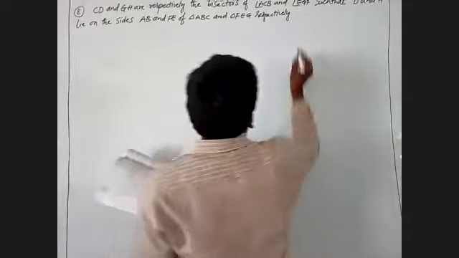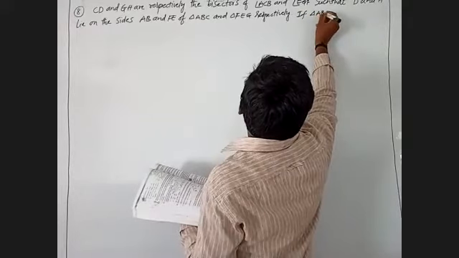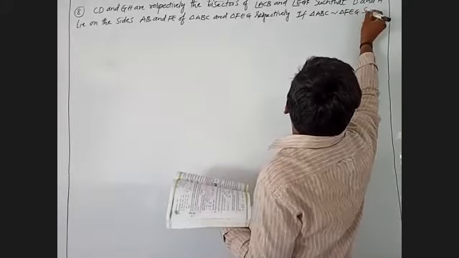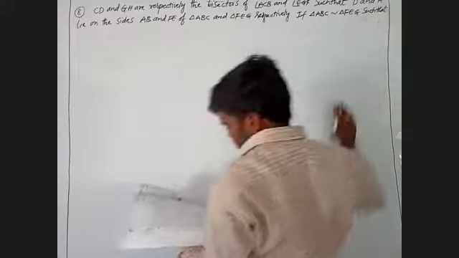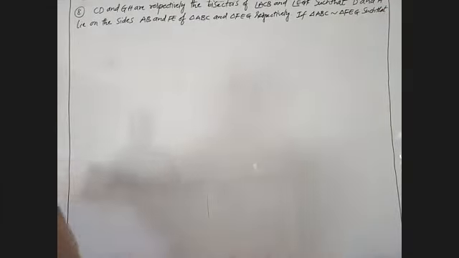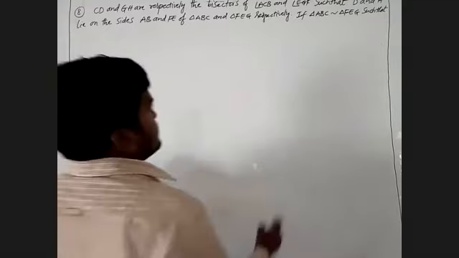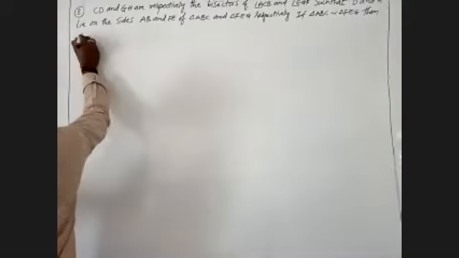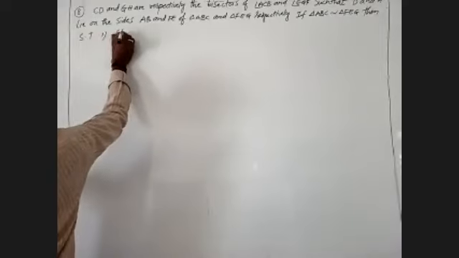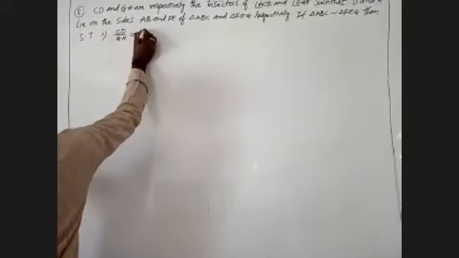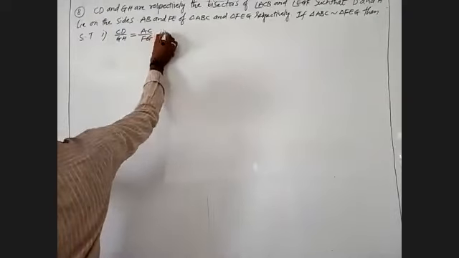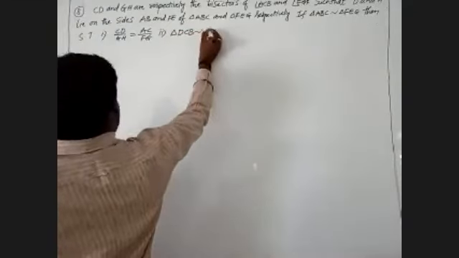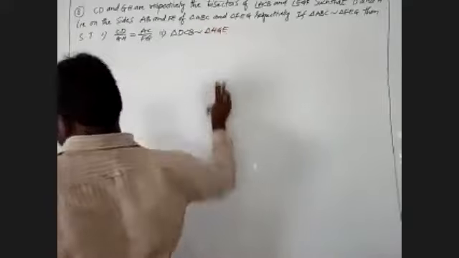And one more condition is given: triangle ABC is similar to triangle FEG. Prove that: first, CD by GH is equal to AC by FG. Second, triangle DCB is similar to triangle HGE.